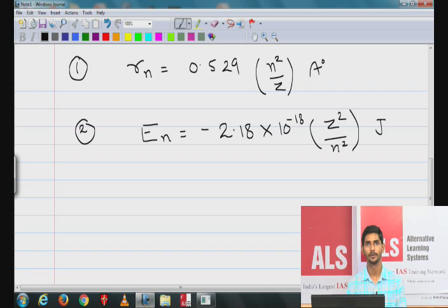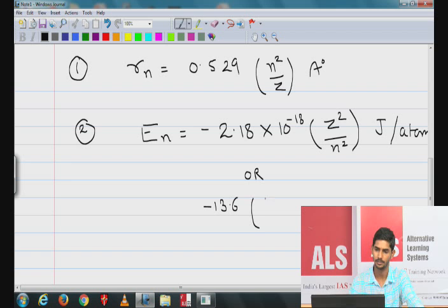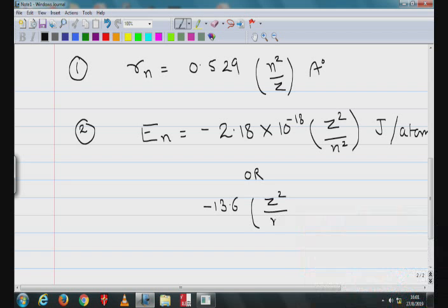Okay. I think we haven't discussed any questions. And one more relation for this. This is for joules. When energy is in joules, this was joule per atom. And the second relation was minus 13.6 Z square upon n square. This is electron volt per atom.